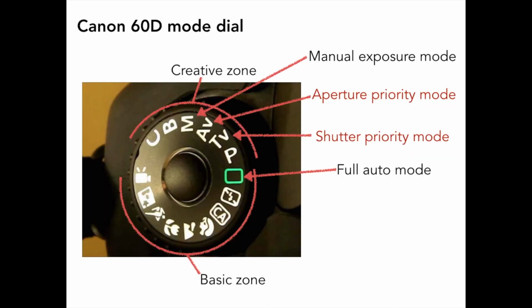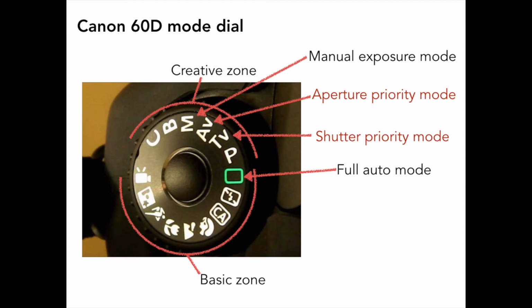And finally, I just want to show you aperture priority mode and shutter priority mode and where they appear on the mode dial. Aperture priority mode allows you to set the aperture and have the camera figure out the shutter speed, and shutter priority mode allows you to set the shutter speed and let the camera decide on the aperture.